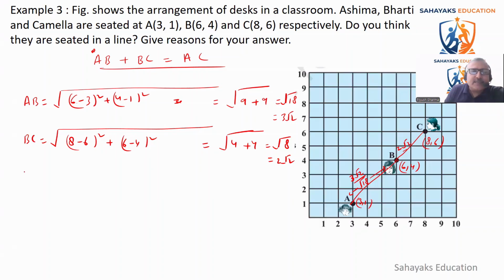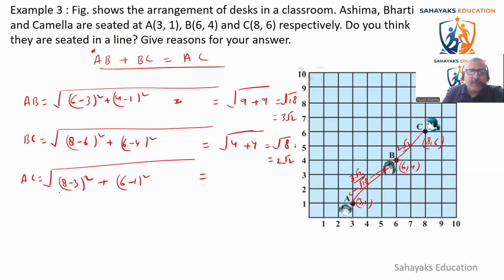And let's find the distance between A and C. Square root of 8 minus 3 whole square plus 6 minus 1 whole square.